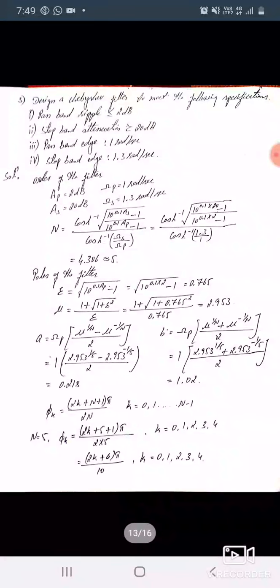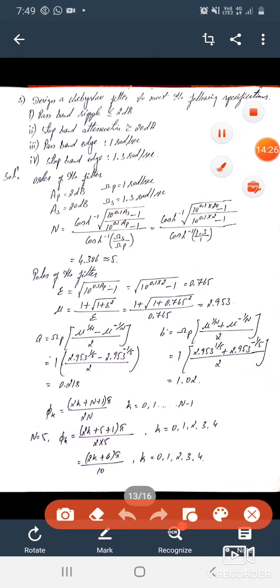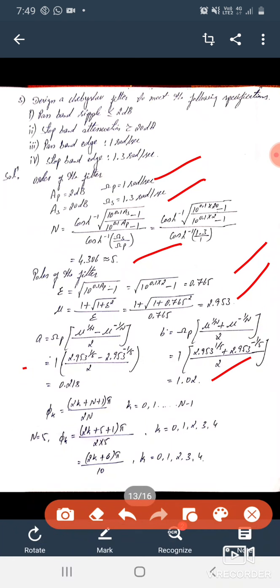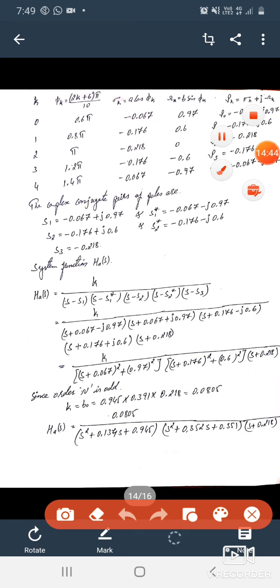Next, if I go with the next problem, here also all the information is given directly, just write those off. Use your n, calculate for your poles, zeta, omega, A, B, then poles. Here n is 5, for that reason 0, 1, 2, 3, 4 you will get.